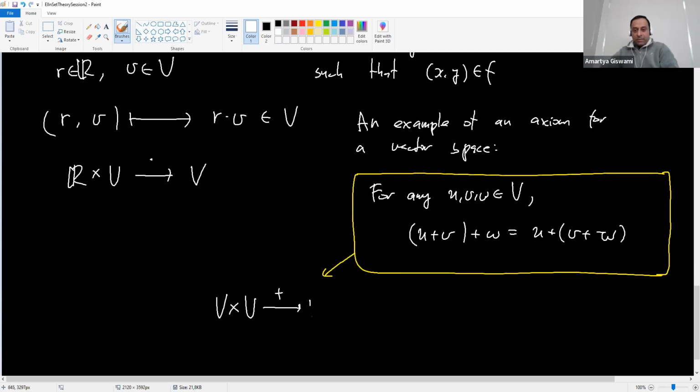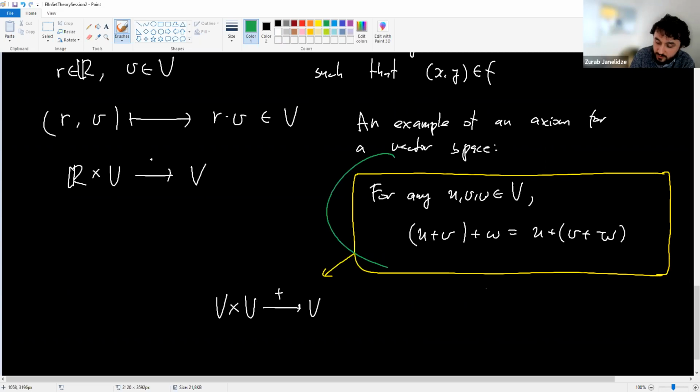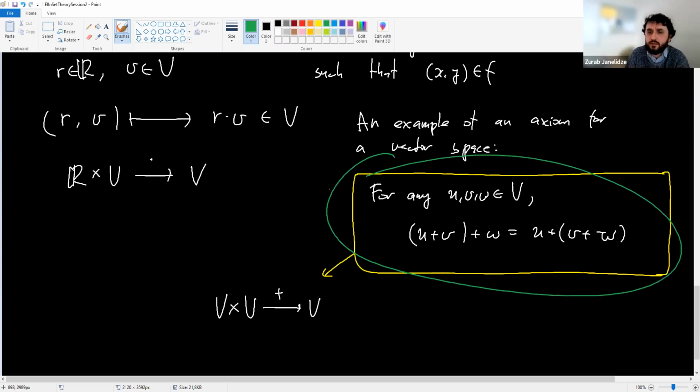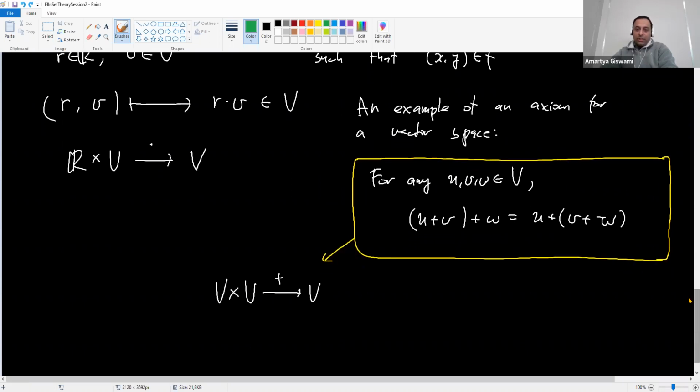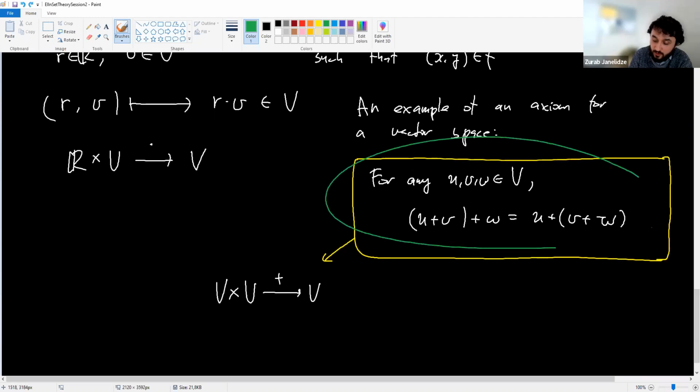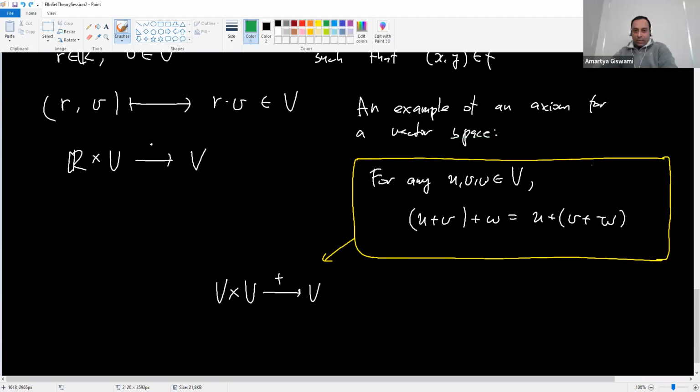Right. So what do you mean when you're saying that this rule itself can be represented? When we do this operation, first we do this operation on u and v. So we take actually a triple of three elements from V. Then we do an operation of addition with the first two, and then do again an operation to. You're saying that you want to represent this rule as equality of two sets? Yes, exactly.